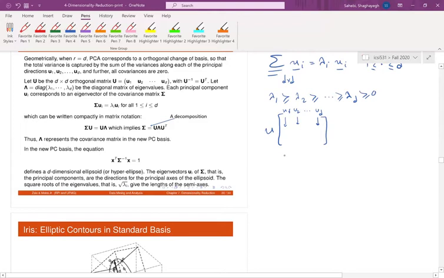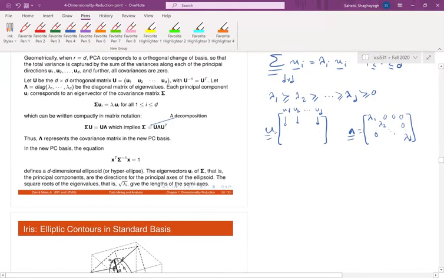Then we can also put together all of our lambda i's, or eigenvalues, like this: lambda 1, lambda 2, etc., until lambda d, with zeros all over the non-diagonal elements. So this is our lambda matrix.